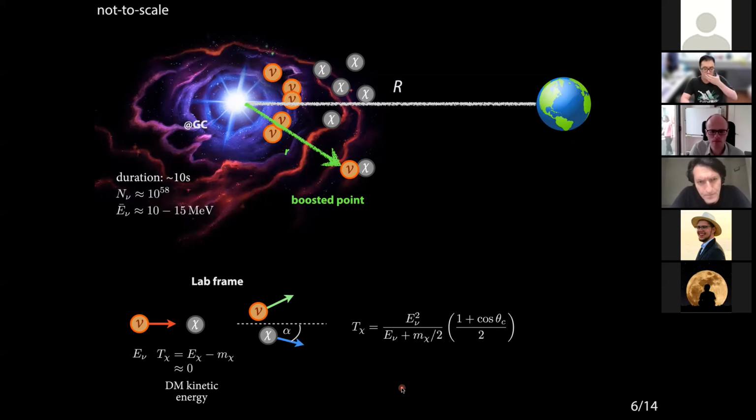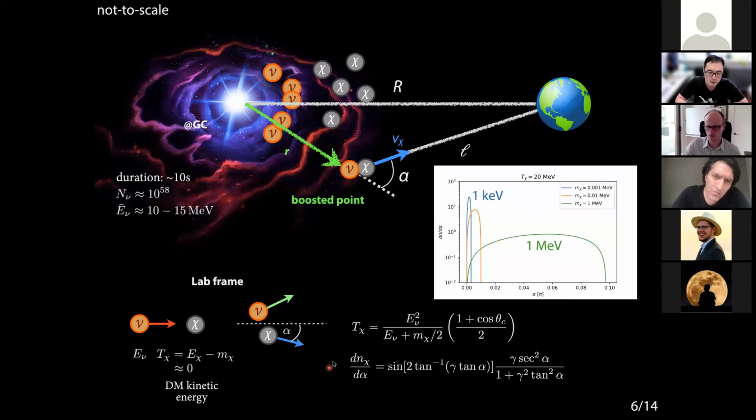And after the scattering, the moving direction of this boosted dark matter is not necessarily the same as the incoming direction of the supernova neutrino. It could be deflected by a scattering angle alpha. The angular distribution for this alpha can be precisely determined by the relativistic kinematics.